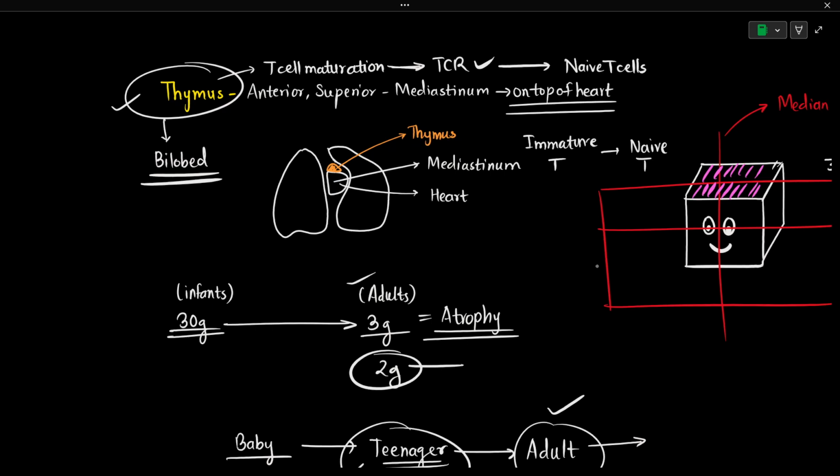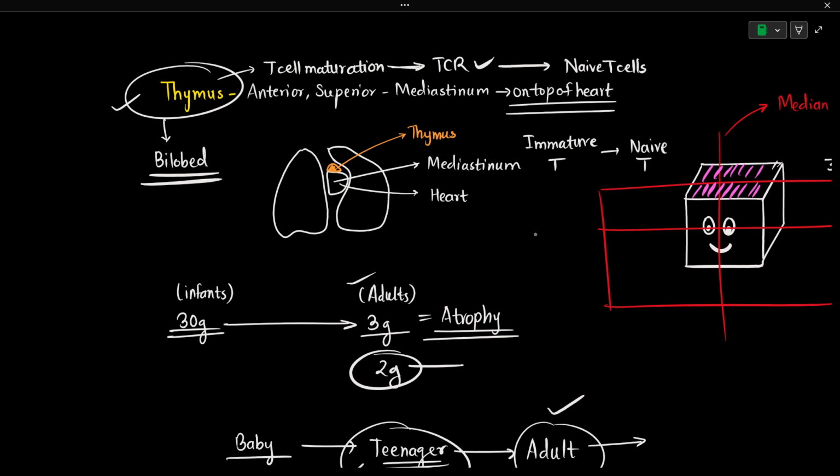Then in the secondary lymphoid organs, these naive T cells will be exposed to the antigens and will be fully activated, and that is what we call fully functional T cells. So I hope this part is clear to you all. What are naive T cells?